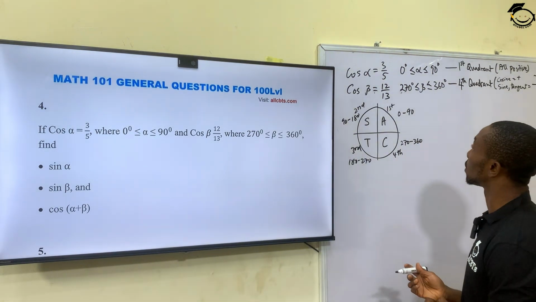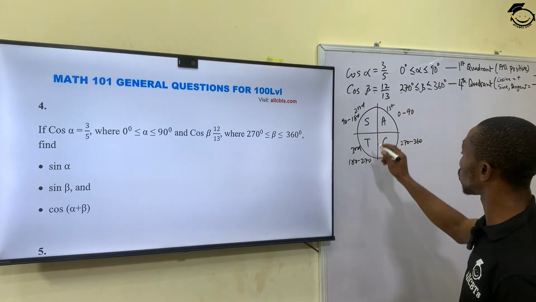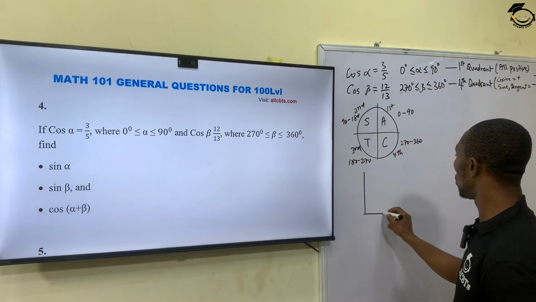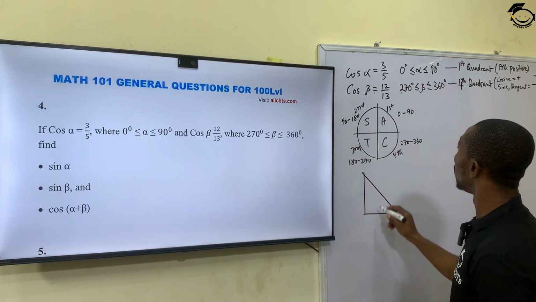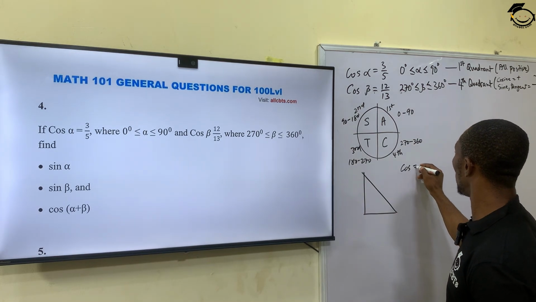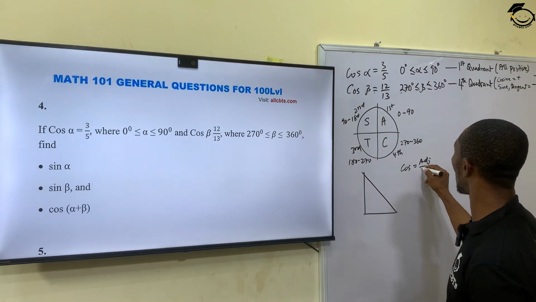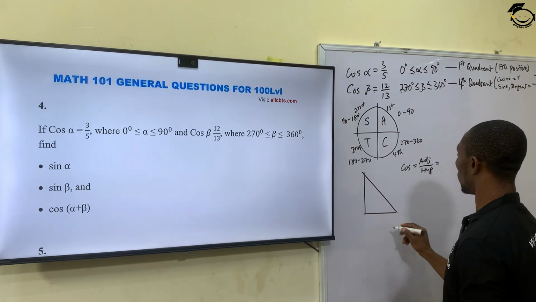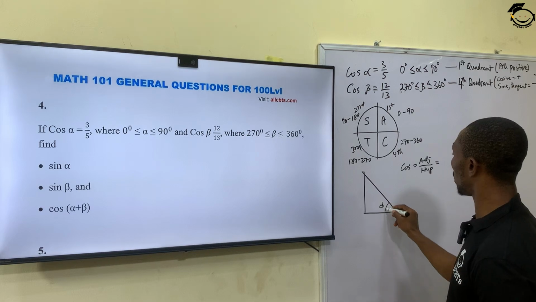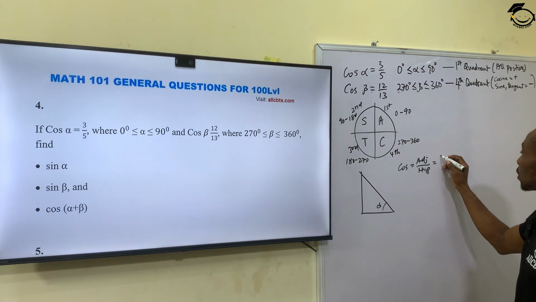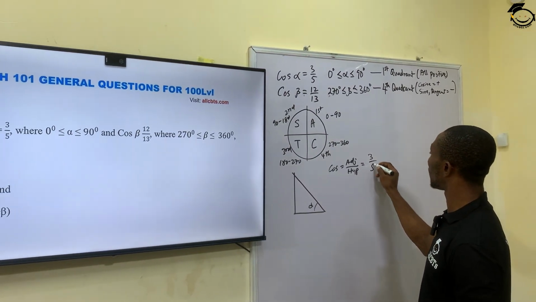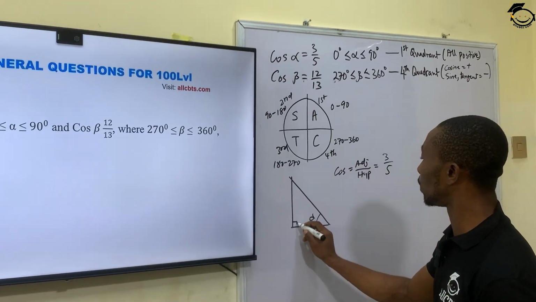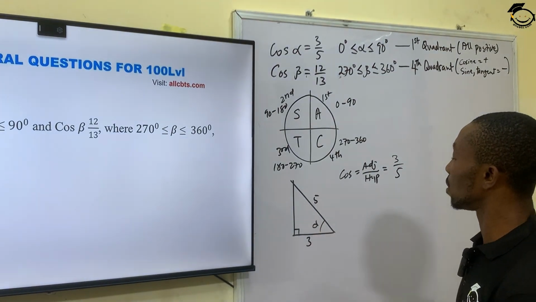Now, let's look at our Pythagoras theorem. Using our Pythagoras theorem, where we have cosine equals adjacent over hypotenuse. Calling this our alpha, cos alpha is 3 over 5, so our adjacent will be 3 and the hypotenuse is 5.